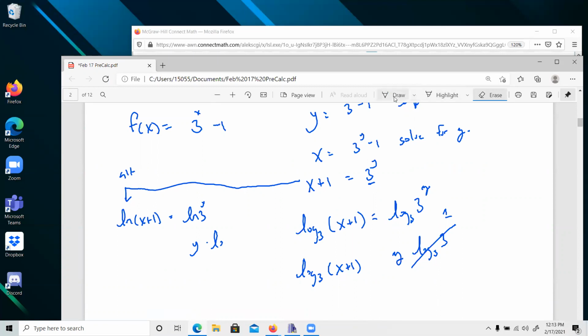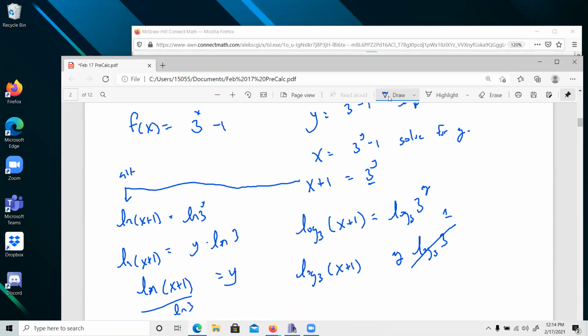So y times ln 3 is equal to ln of x plus 1. So I wonder if they're going to let us do this: y equals ln of x plus 1 over ln 3.